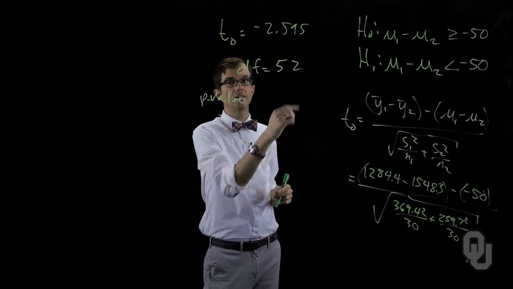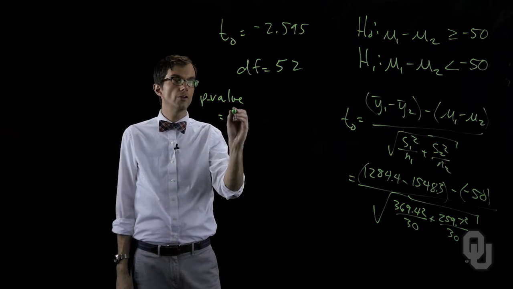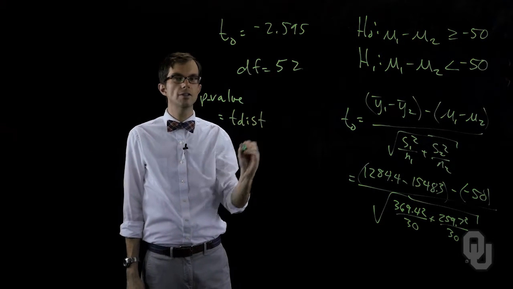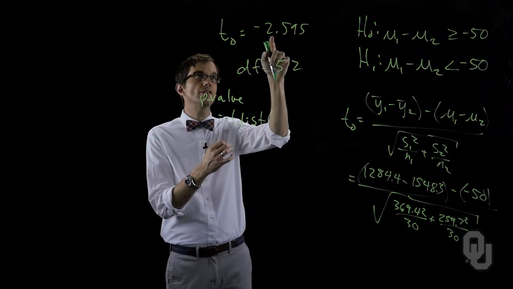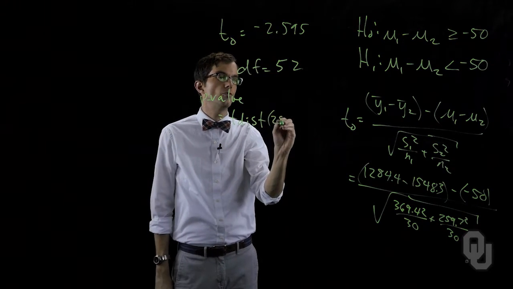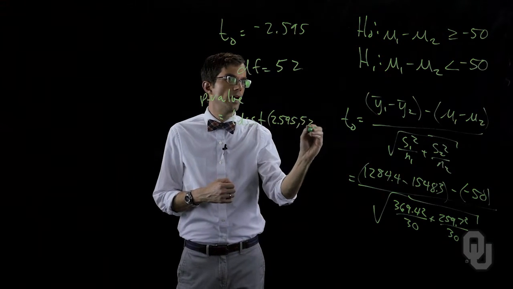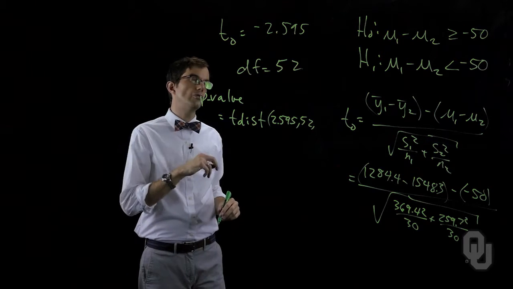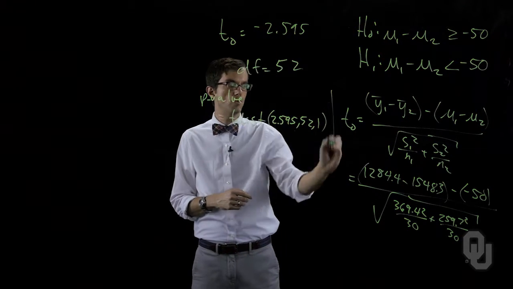We're not going to find this exact degrees of freedom in the t-lookup table. So we're going to use the TDIST function in Excel. It wants to read in a value on the axis, but it has to be a positive value, so 2.595. And then it wants the degrees of freedom and whether this is a one or a two-tailed test. This is a one-tailed test here, so we're going to put in the value 1.